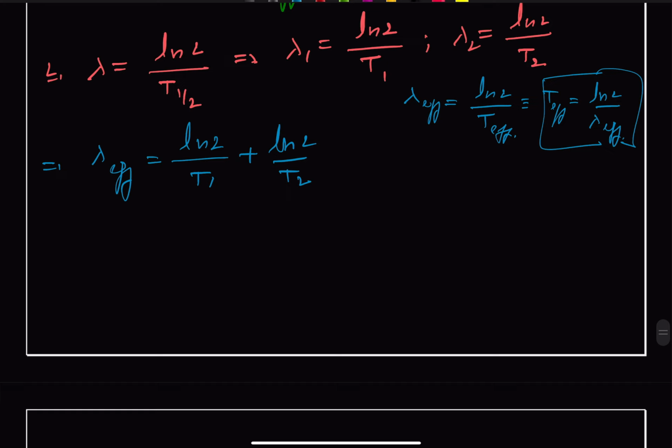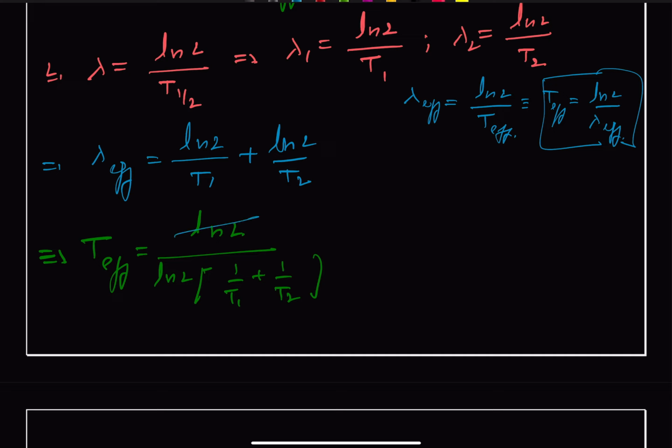Therefore t effective will be equal to natural log of 2 divided by, and we can take natural log of 2 as common, 1 upon t1 plus 1 upon t2.